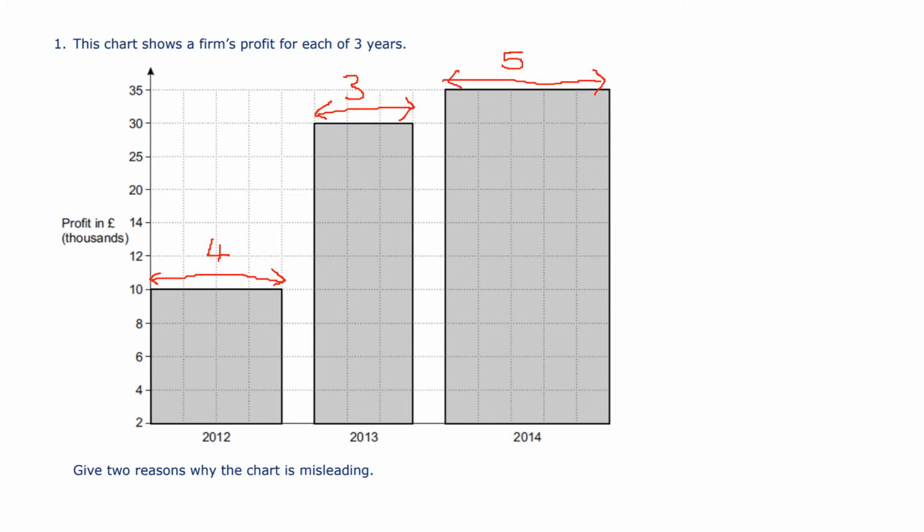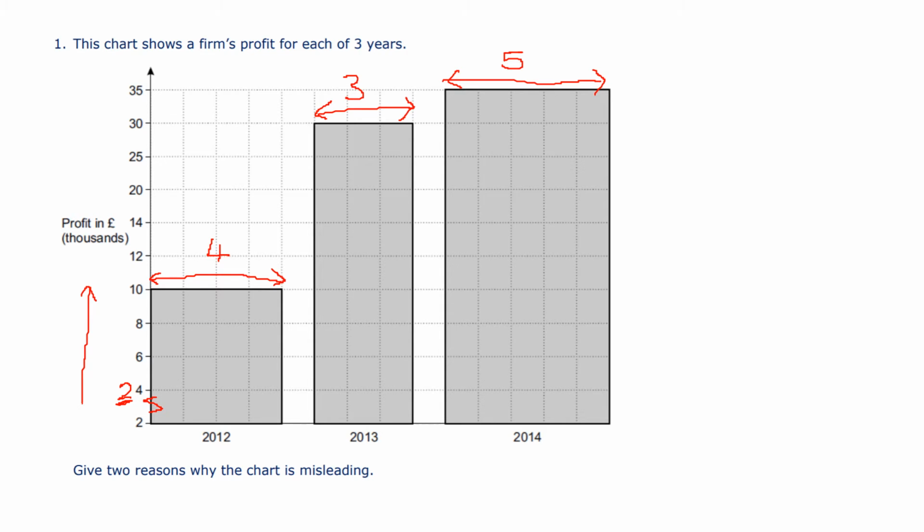Okay, what else is the matter with our bar chart? Well, if we have a look here at our vertical axis, we've got our profit in thousands of pounds. Now, when we have a scale on an axis, the scale should be equally spaced. So down here we've got no 0. That would be absolutely fine if they'd put the little lightning bolt in and then started here with 2. They haven't done that. They've gone 2, 4, 6, 8, 10, 12, 14.